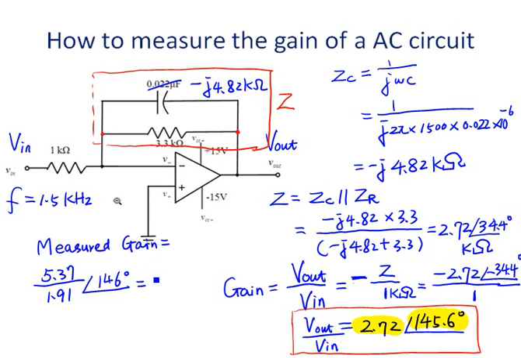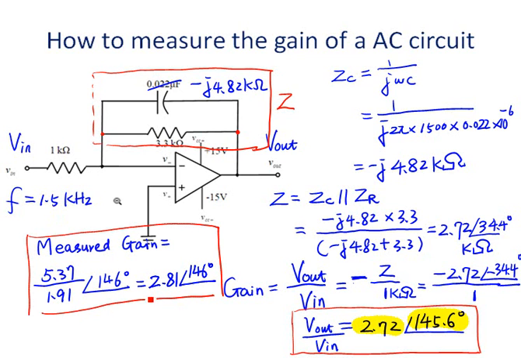We can calculate the amplitude ratio as 2.81 at 146 degrees. We can compare the measured gain of the circuit to the theoretical value, the nominal values. We need to calculate the error percentage.